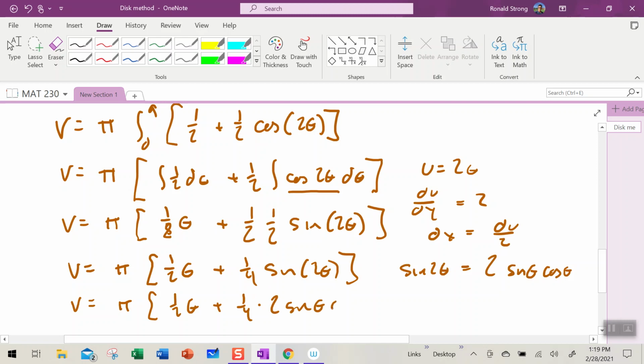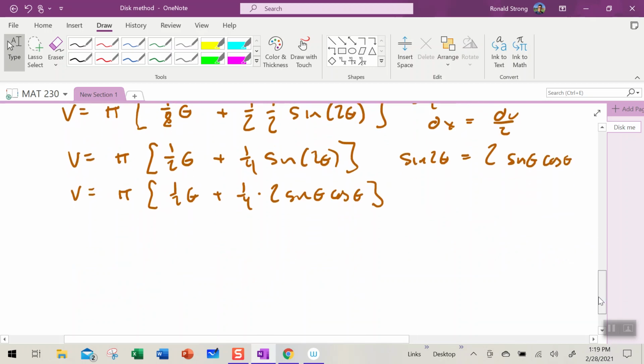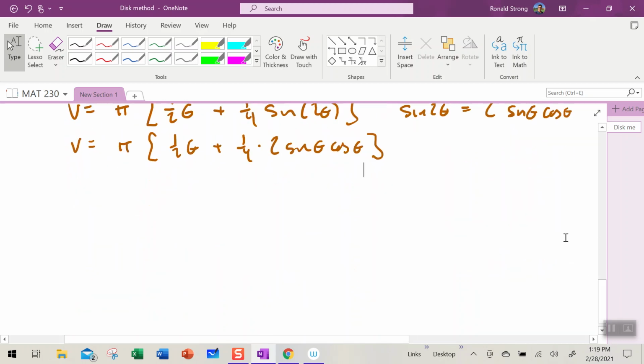And then 1/4 times 2 becomes 1/2. We're going to have pi times 1/2 theta plus 1/2 sine of theta cosine of theta.